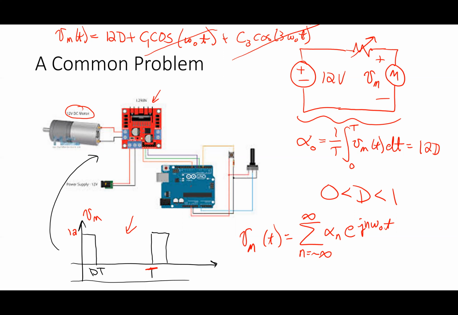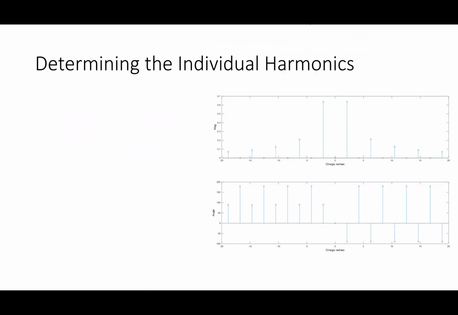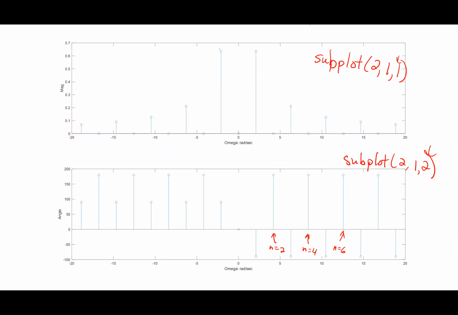If I can represent that waveform in terms of this Fourier series, and I overlay the motor's Fourier transform on top of it, the motor is going to have a 0 Fourier transform basically everywhere these harmonics exist.